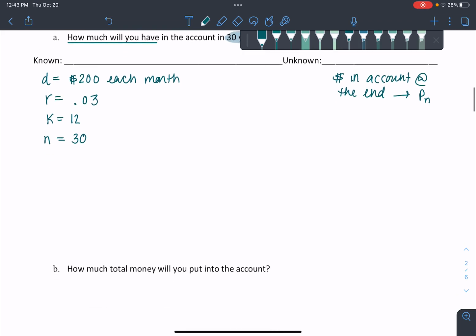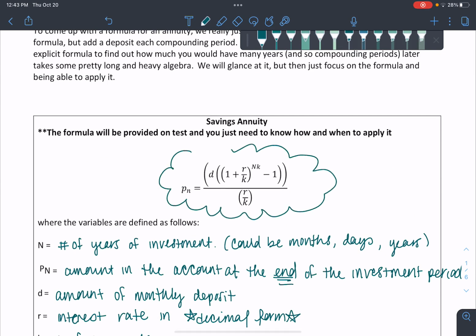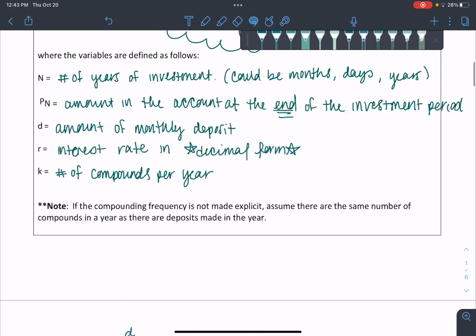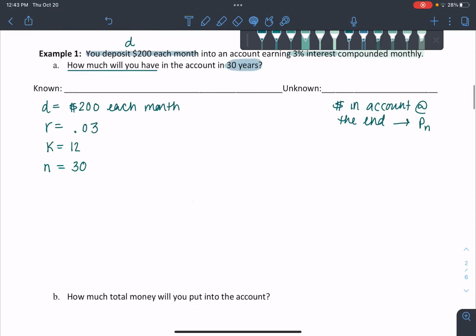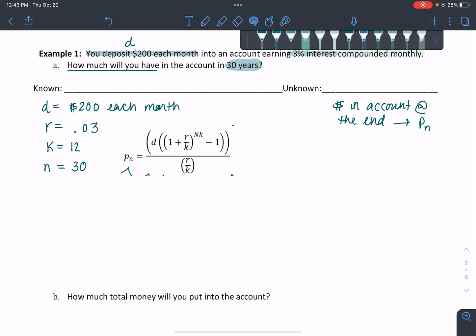So let's look at the formula one more time. Here she is in all her glory. There is my savings annuity formula. So let's take that. I'm going to cheat here. I'm going to copy it because I think it's so beautiful. I'm just going to leave it as is. Okay, there it is.